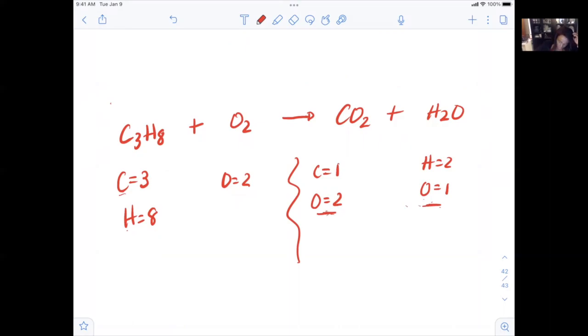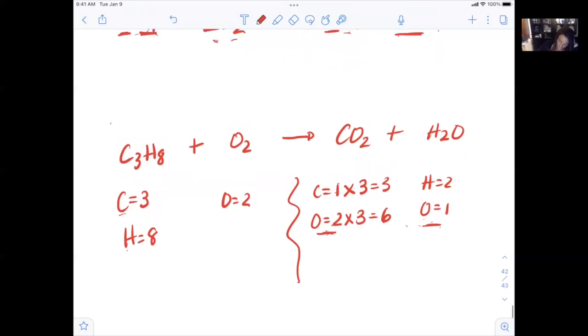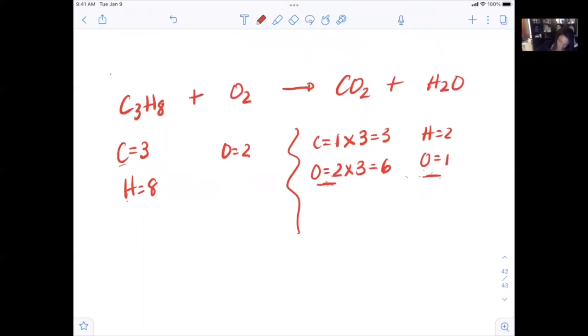So over here, let me see. It shows that I have 3 carbons on the left. Let me multiply the right side by 3 to balance carbon. I end up with 1 times 3, 3, 2 times 3, 6. So it looks like my carbon is balanced, right? 3 and 3. Now my oxygen, I have 6 and 1. So I'll try to balance the hydrogen first before I get to the oxygen. For hydrogen, I have 8 on the left. Trying to get the right one to be 8, so times 4.